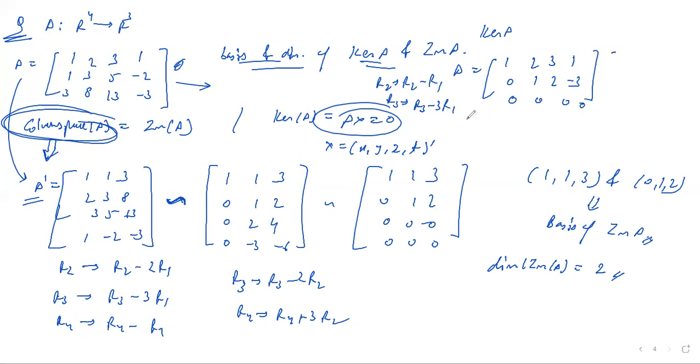I have to apply AX equals 0, where X is the vector x, y, z, t, which equals the 0 vector.